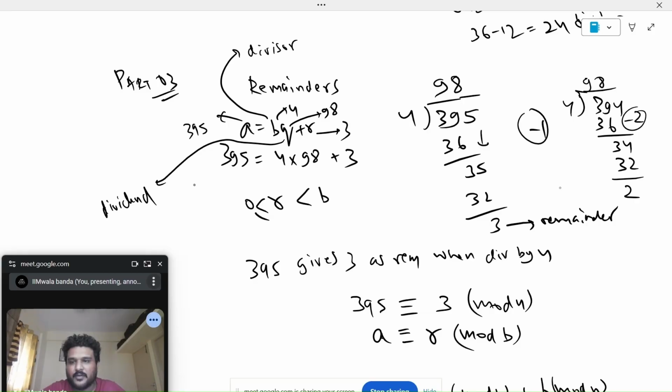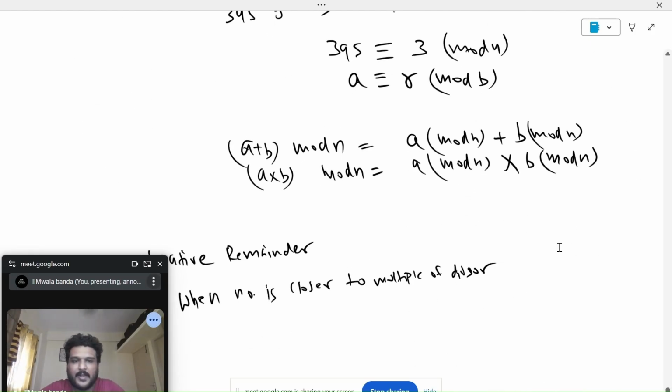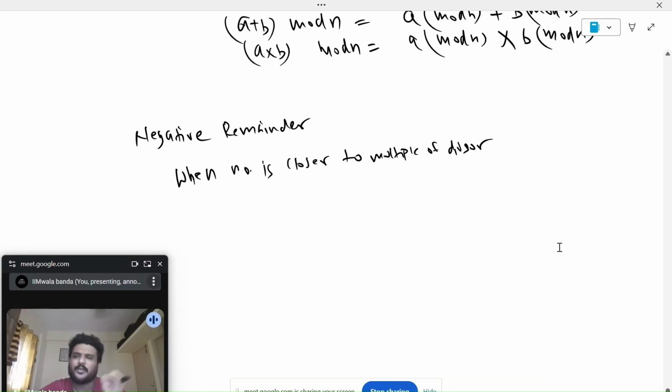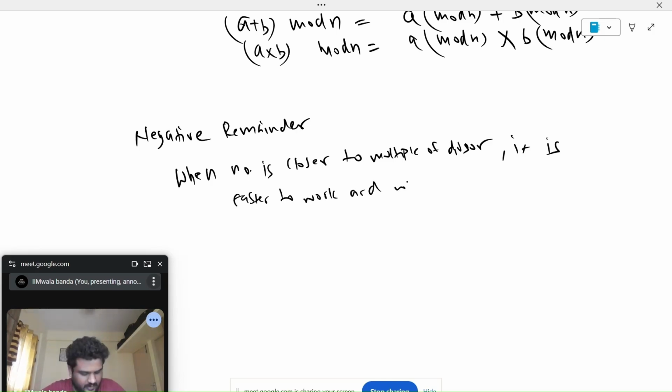And this is the quotient, Q is the quotient, dividend divided by divisor. It's not important, but if it comes in a question, you should know what is what. When the number is closer to the multiple of the divisor, it is faster to work with negative remainder. So this is basically the significance of having a negative remainder.